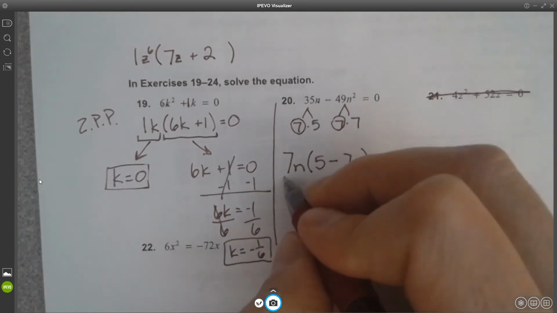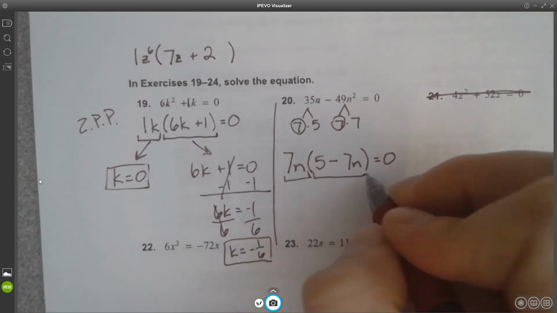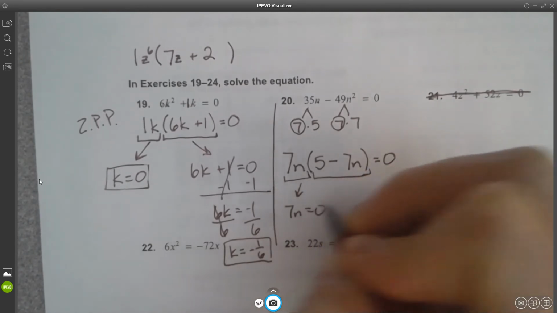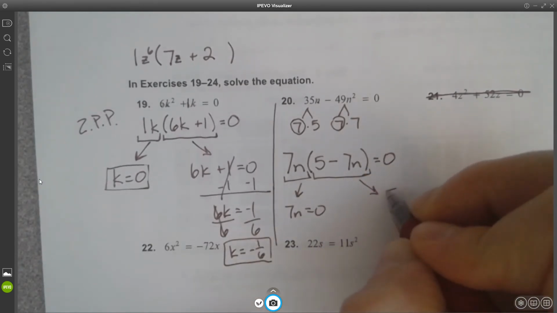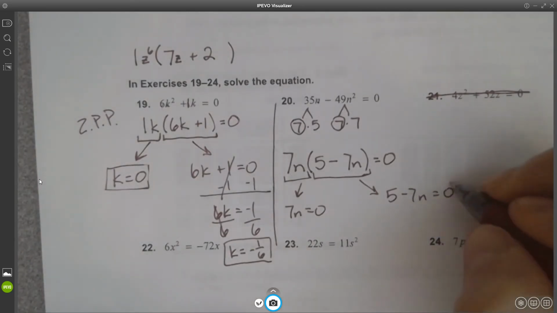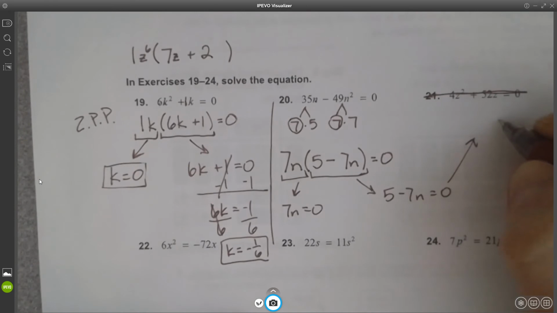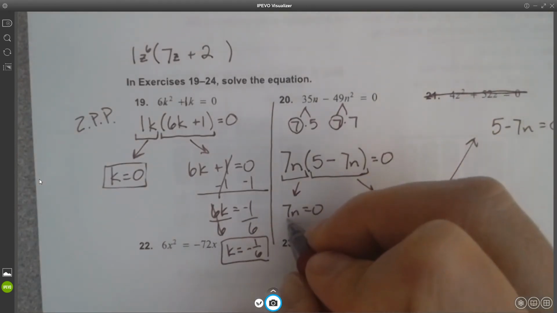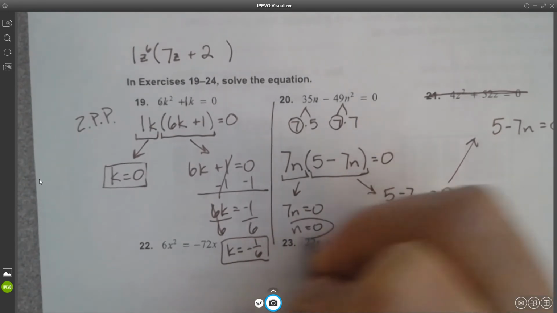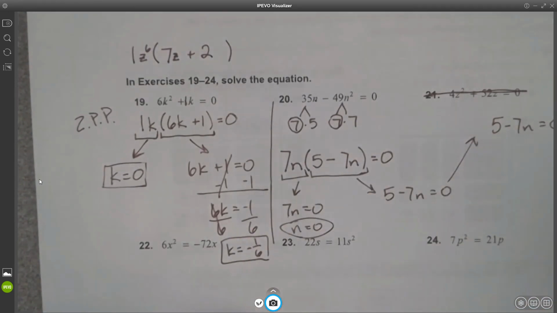Now, again, I've got two factors, so I would want to do the split them up, set them both equal to 0 step. I'm going to bring this one up here to solve, actually. So if I divide by 7, 0 divided by 7 gives me 0 for one of my solutions.